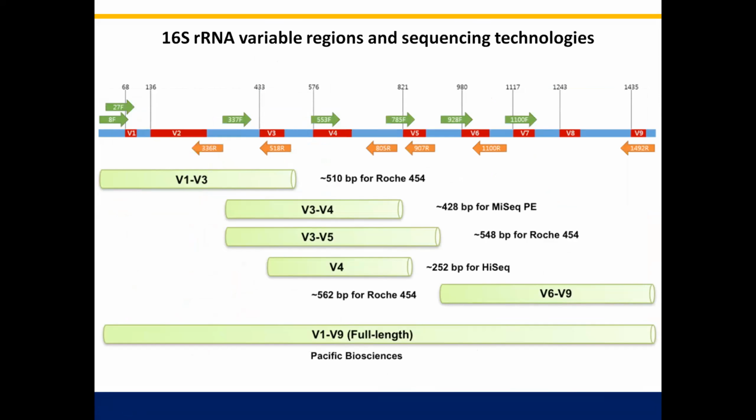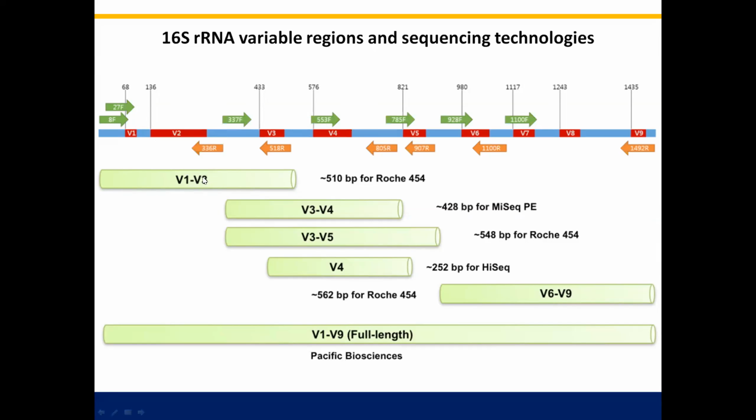And this is the strategy of MiSeq technologies, or high throughput screening, or next generation sequencing, whatever name we give it. These are the variable regions which can be used for sequencing 16S rRNA. We have V1 to V3 regions, where we use Roche 454 machines to identify the specific bacterial community.